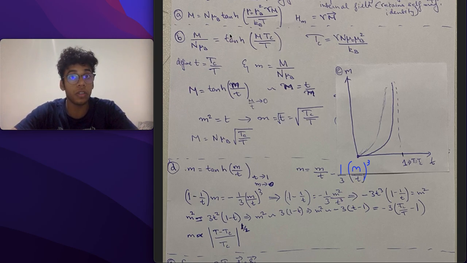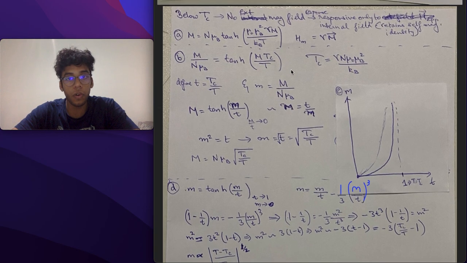And now let's try to understand how this is varying with respect to this, because now the factor inside of tanh is no longer very small, so you cannot do the same approximation as before.